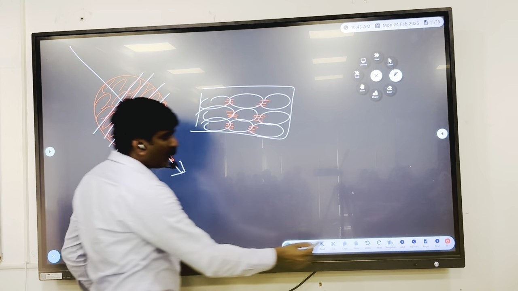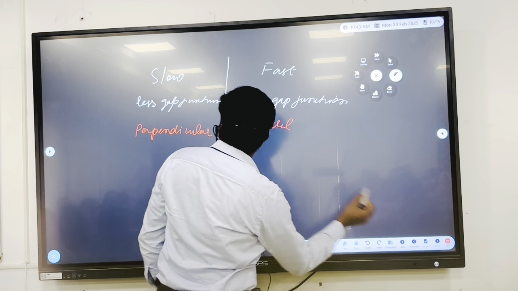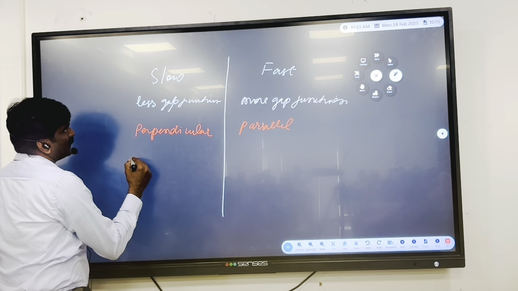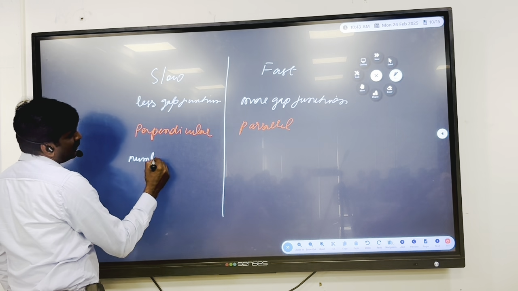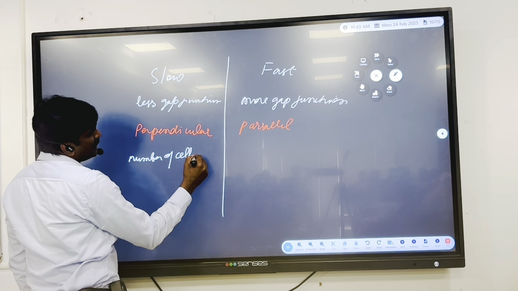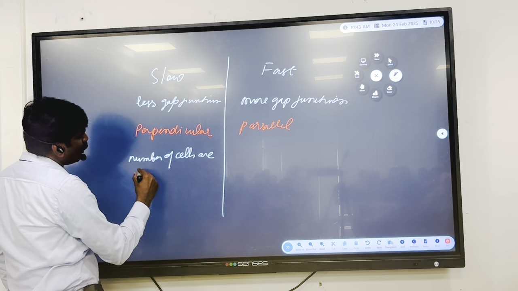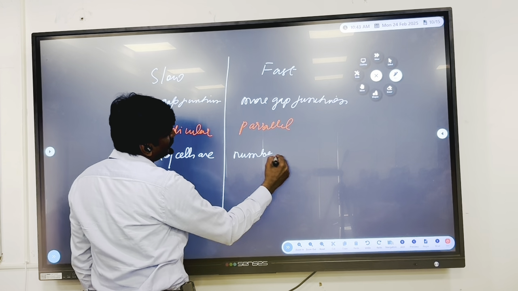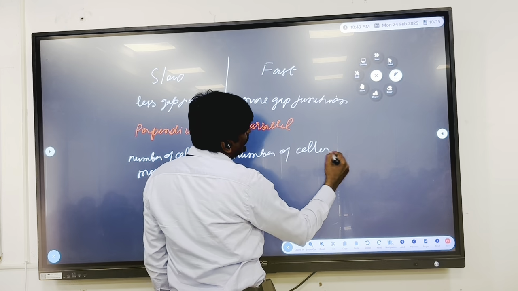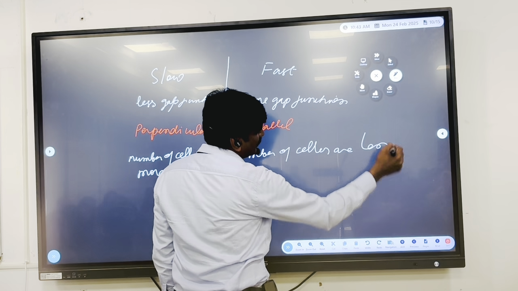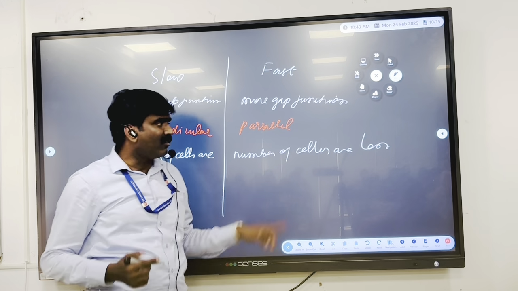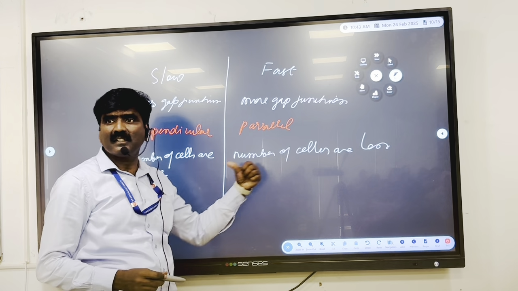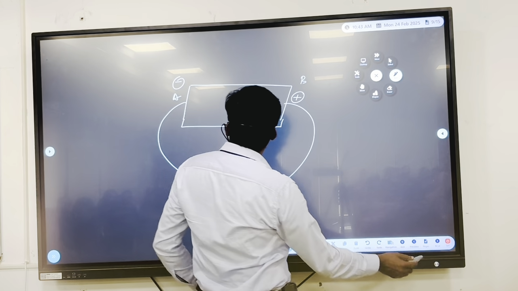And the third point is the number of cells. Here the number of cells are more, here the number of cells are less. This is one more reason why the current is moving fast here and slow here. How?